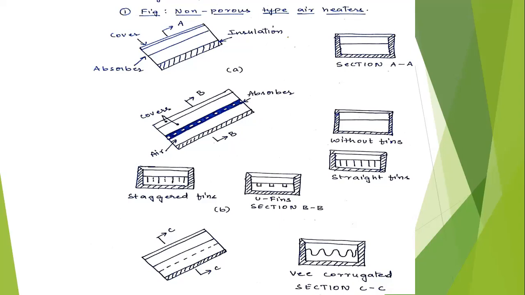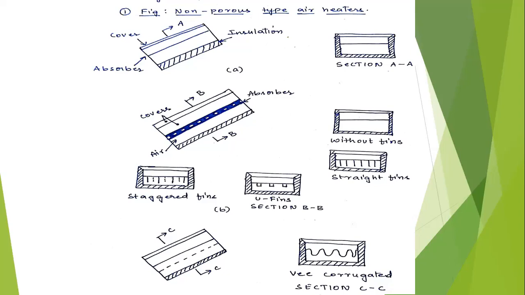The flow is also straight, serpentine, above or below or on both sides of the absorber plates, or through a porous absorber material. Basically, air heaters are of two types. First one is non-porous absorber and second one is porous absorber. In this figure we are seeing non-porous type air heaters.